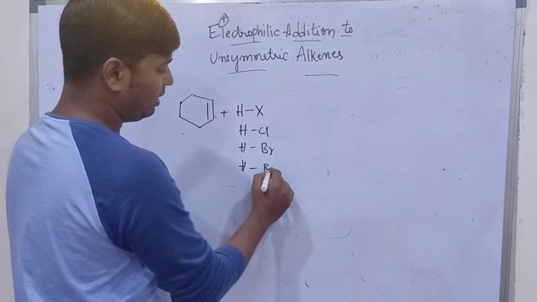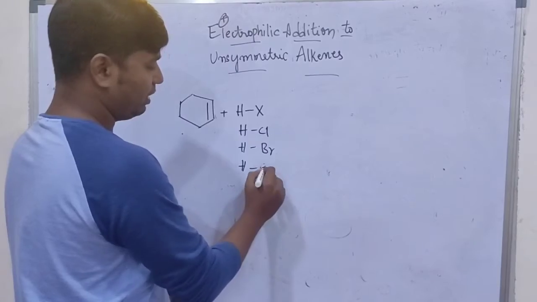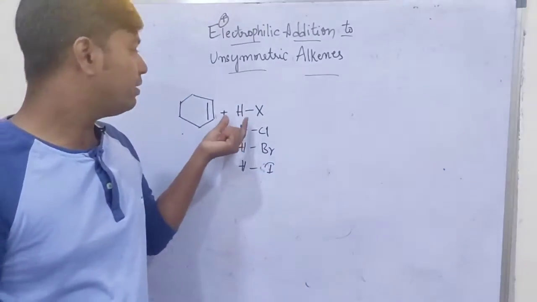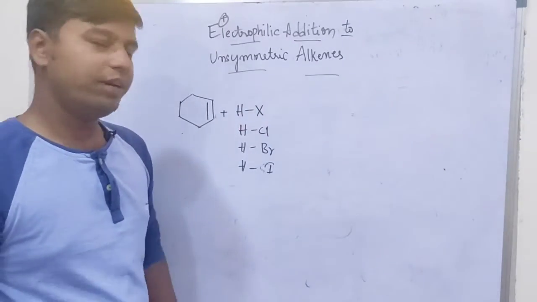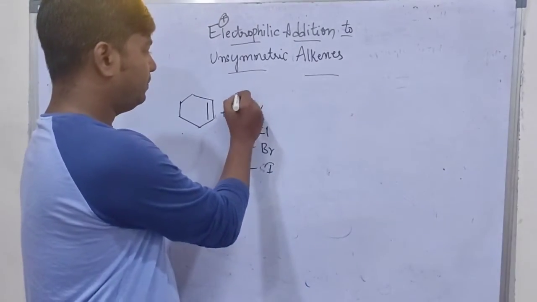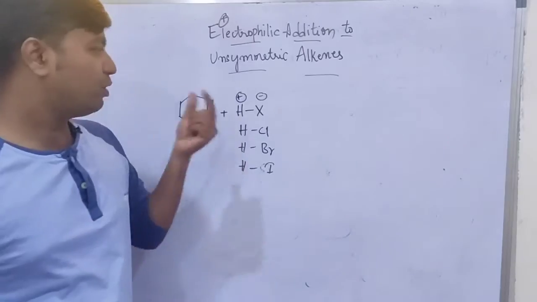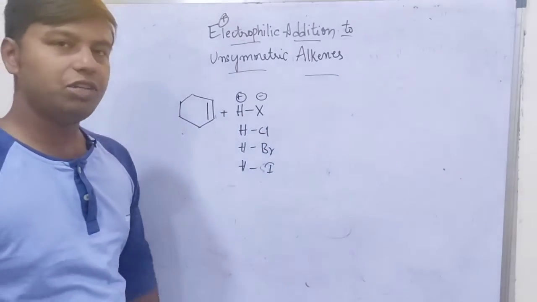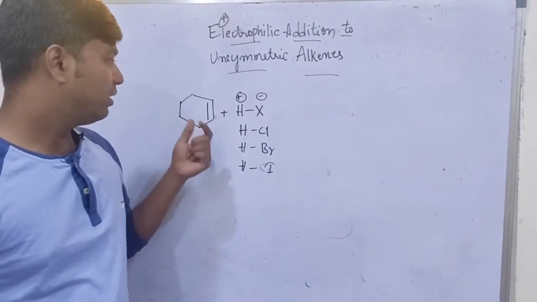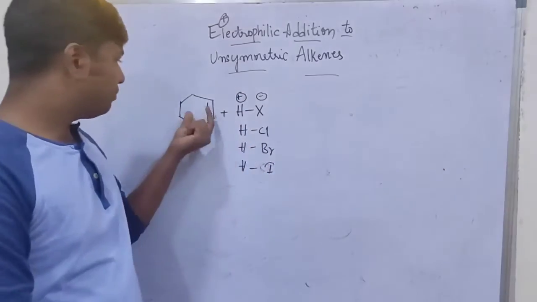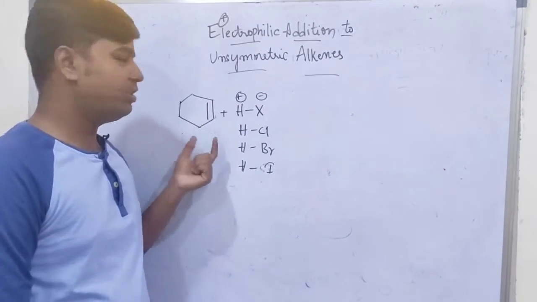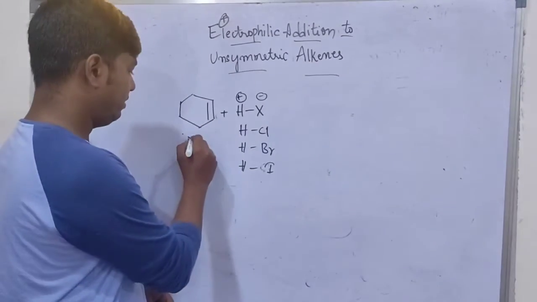These are protic acids, that means they have the potential to liberate a proton in aqueous medium, right? We know that due to polarization, the proton will get a positive charge and the halogen will get a negative charge due to electronegativity. So we have understood that this cyclohexene molecule is electron rich, that is, it acts as a nucleophile.